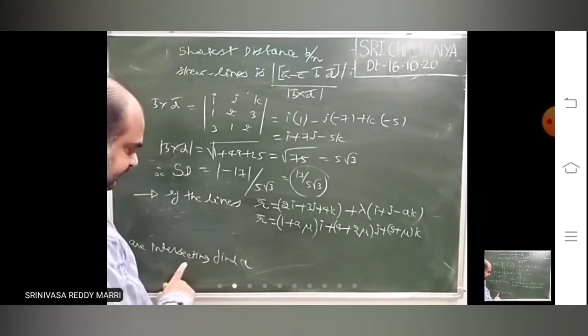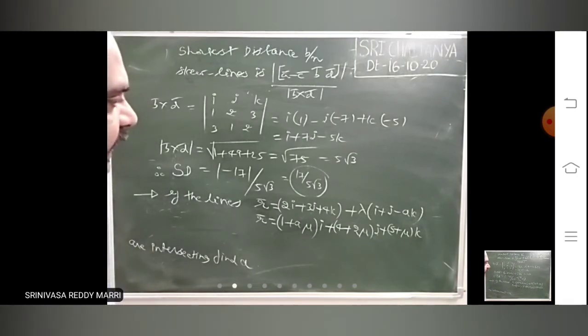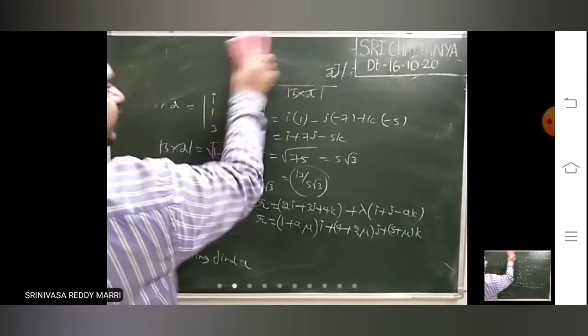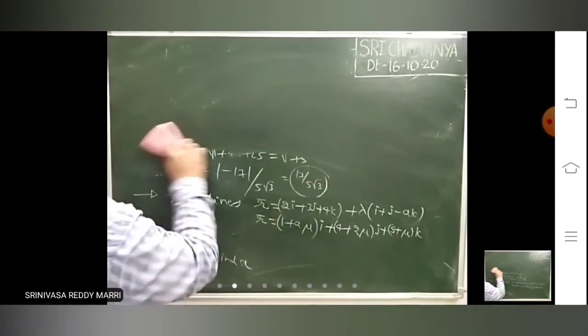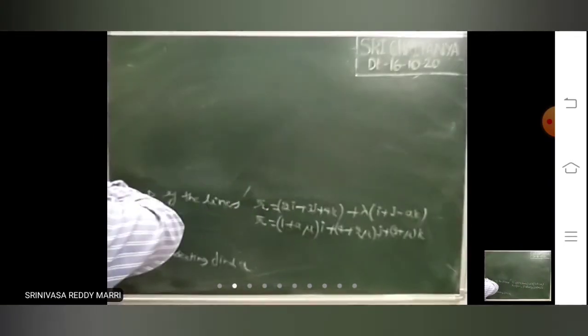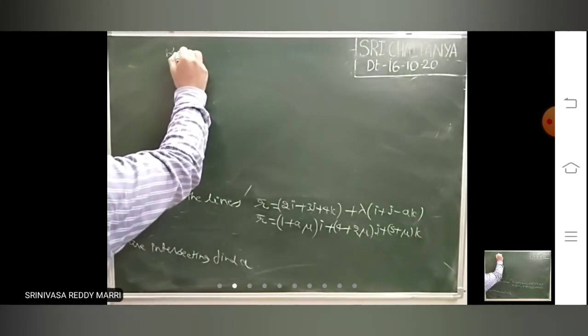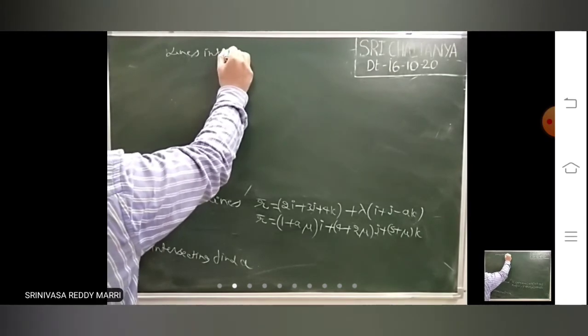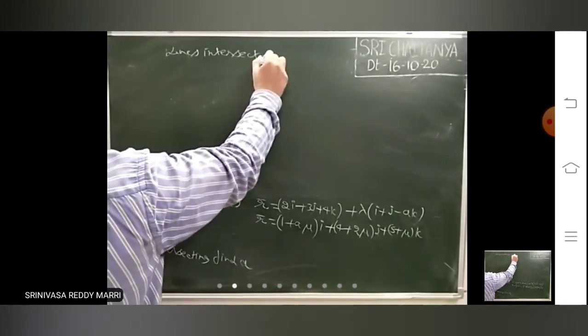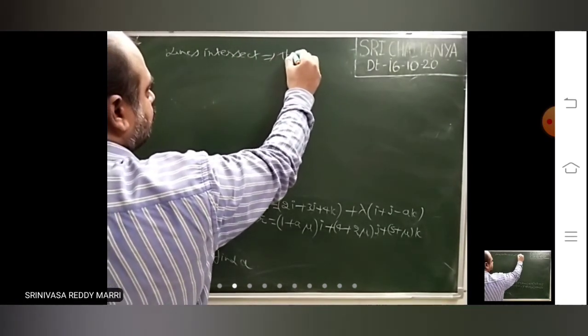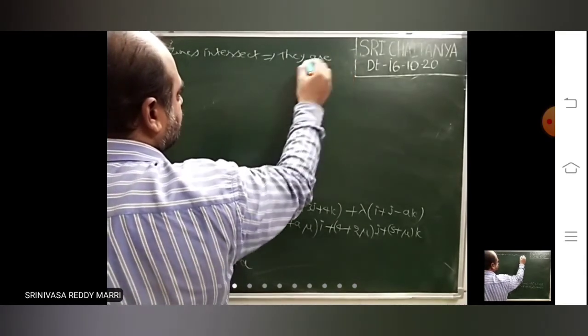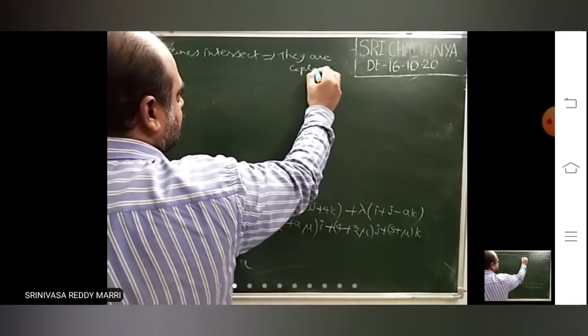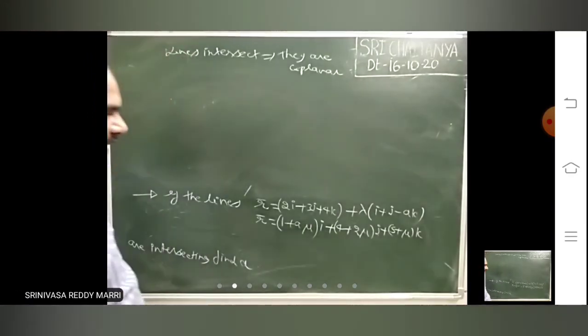Now look, intersecting means what? They are coplanar. Intersecting given means they are coplanar.